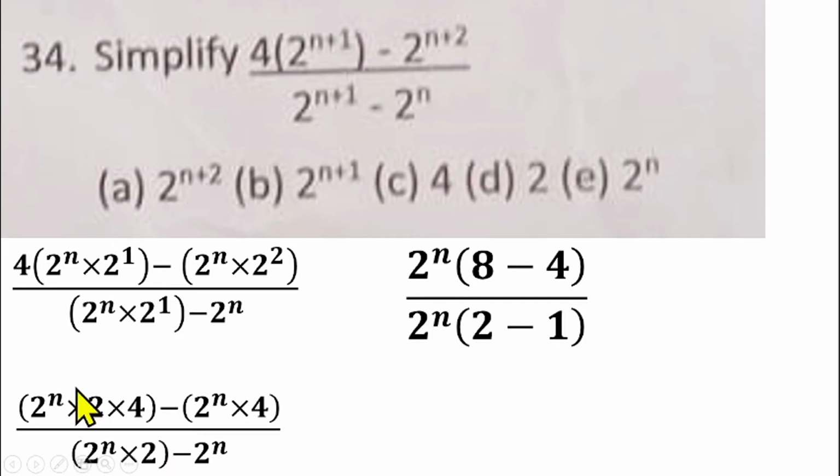If you factorize, you'll be having 2 raised to power n into, you have 8 here, then minus, you have 4 left, over 2 raised to power n, we have 2 left here, then you have a 1 left, minus 1. So 2 raised to power n will cancel 2 raised to power n. You have 8 minus 4 over 1. So 8 minus 4 is 4, over 2 minus 1 is 1. So that gives us 4, which makes option C the right answer for question number 34.